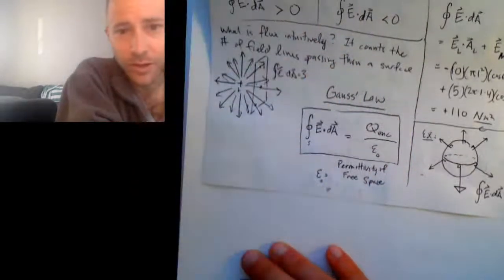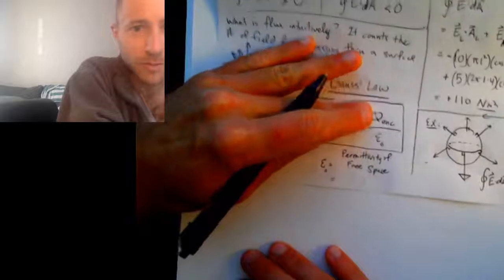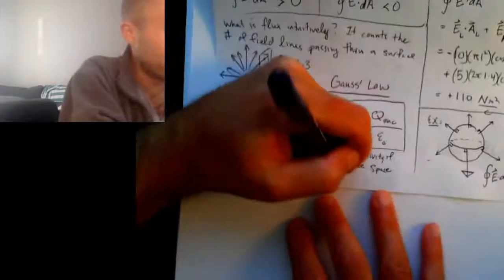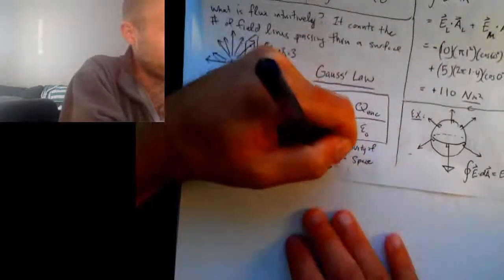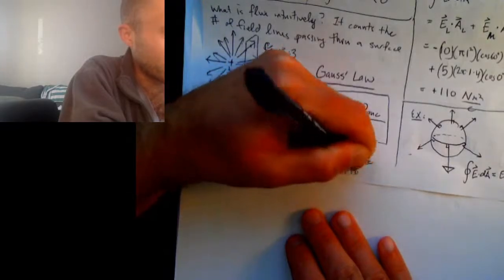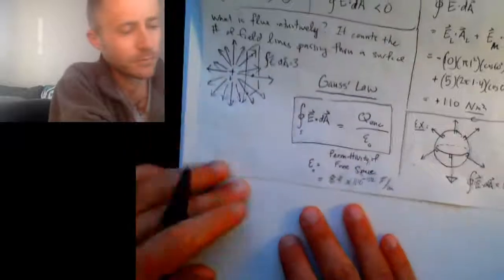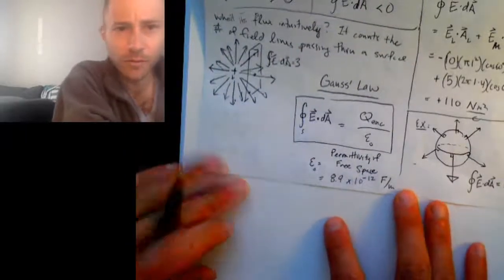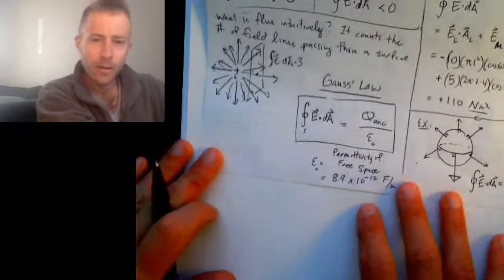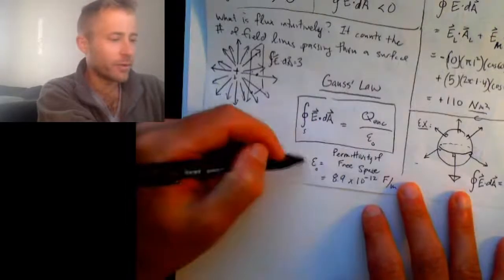Or you can just call it epsilon naught. That's what most people call it. Its value is 8.9 times 10 to the minus 12 farads per meter. So it has weird units. Don't worry about it for right now. Okay, so that is the value of epsilon naught.